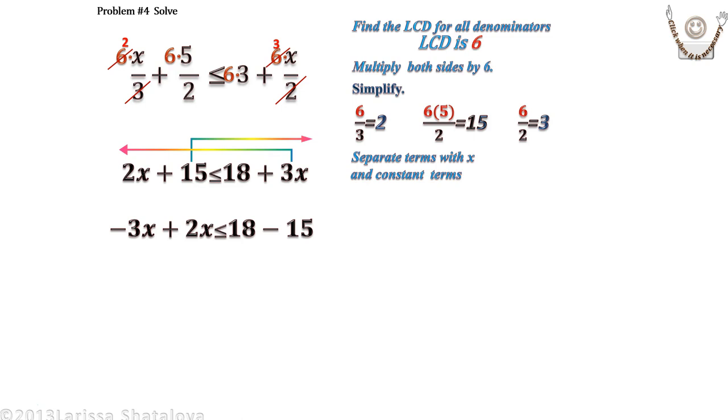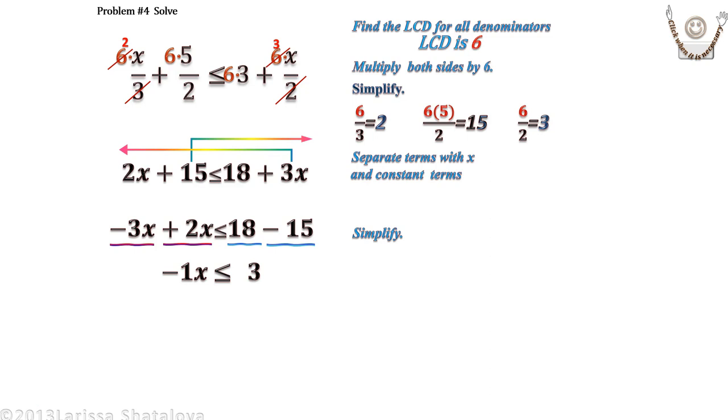Don't forget to change signs. And now let's simplify because we have like terms on the right side and like terms on the left side. Negative 3x and positive 2x would be negative 1x, and positive 18 and negative 15 would be just 3.